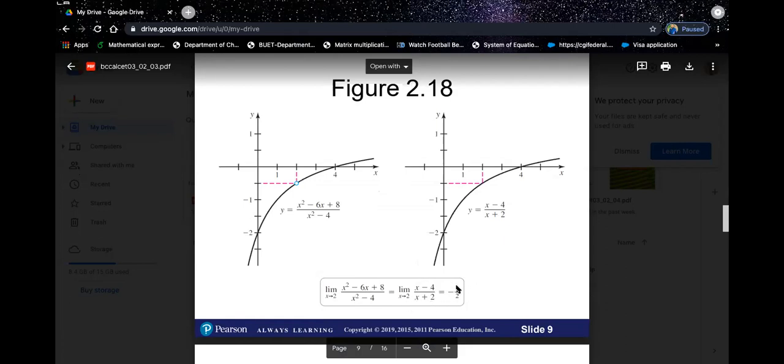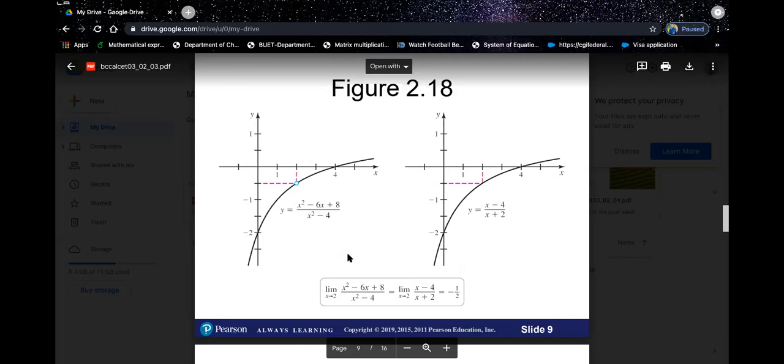Yep. So if you can simplify this to the next version, and now if you plug in, you can see we get a defined value. And these two are actually the same function. You have just simplified it, nothing else. It's not a different function, it's the same function. So even if you have an undefined value in the first place, you can modify it, you can use different formulas or methods to get a defined value.